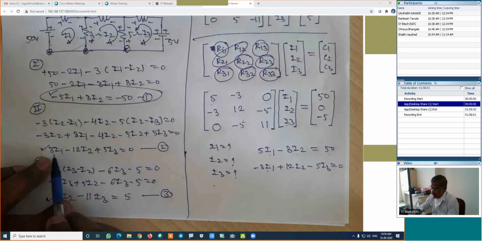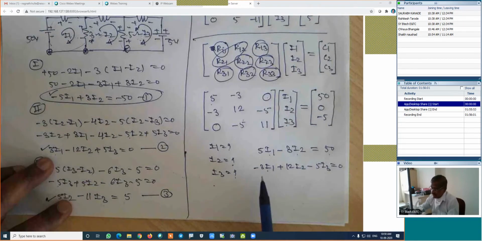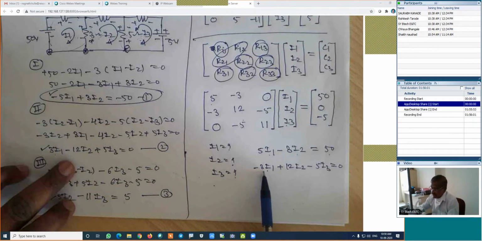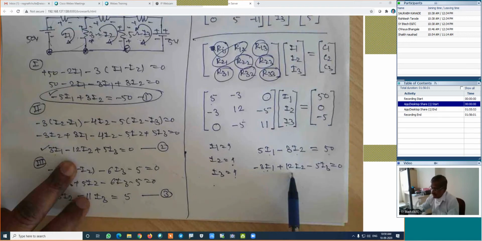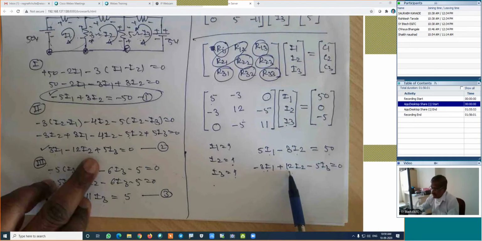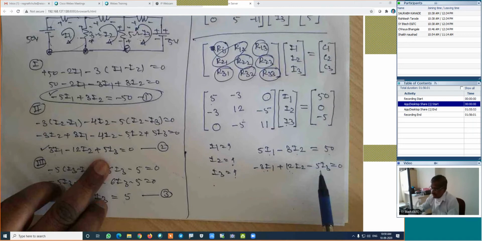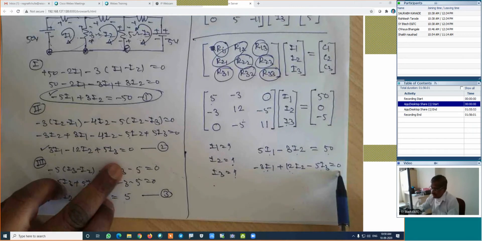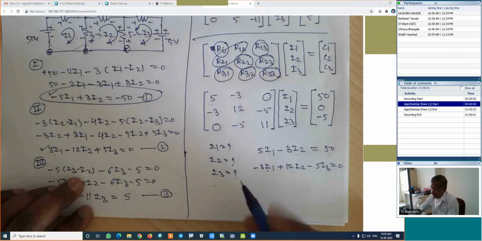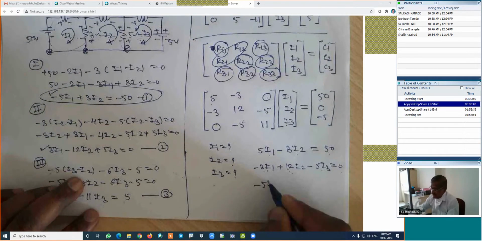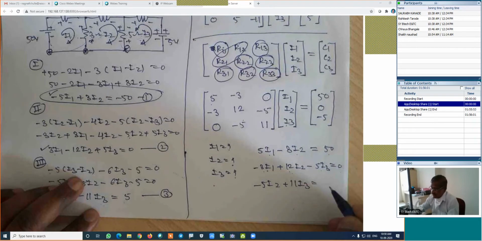If we multiply by the minus sign here, this equation will become minus 3i1 plus 12i2 minus 5i3 which is equal to 0. At the same time, if I take the third equation from here, which is 0i1 minus 5i2 plus 11i3 which is equal to minus 5.